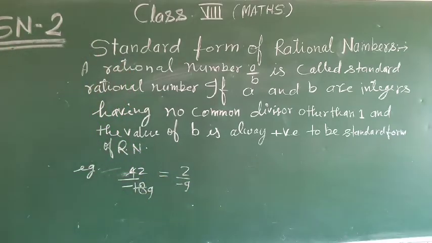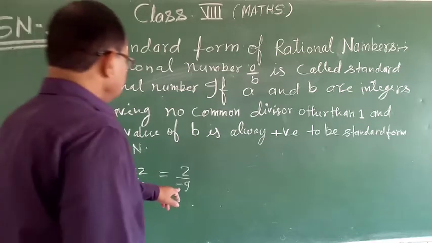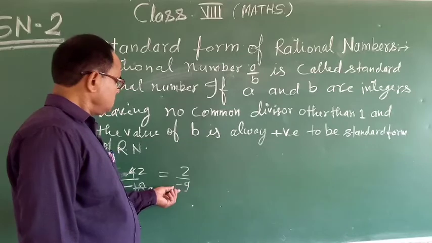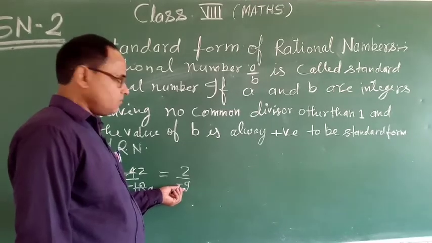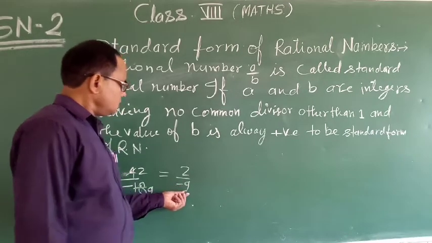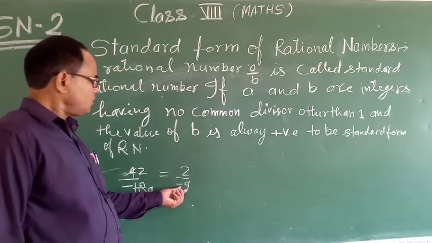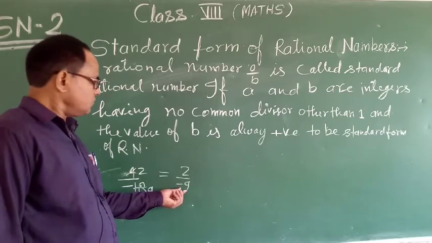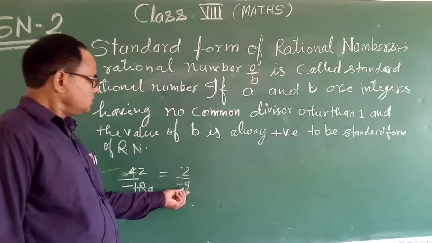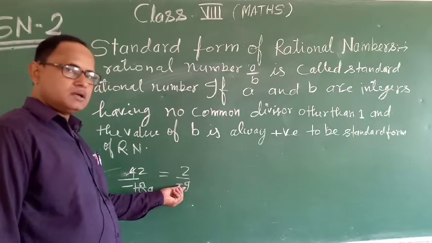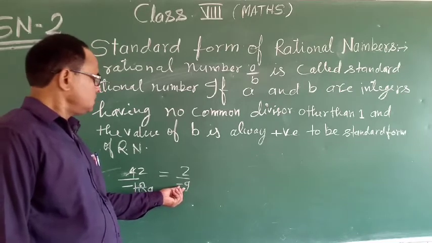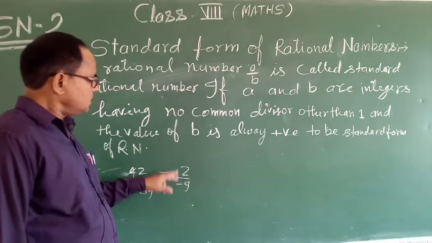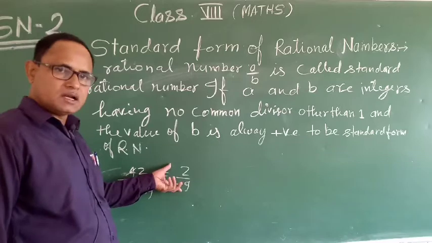But it is not in standard form because the value of b is negative. The value of the denominator should be positive. But here the value of the denominator is negative. Therefore, this is not a standard form of a rational number.